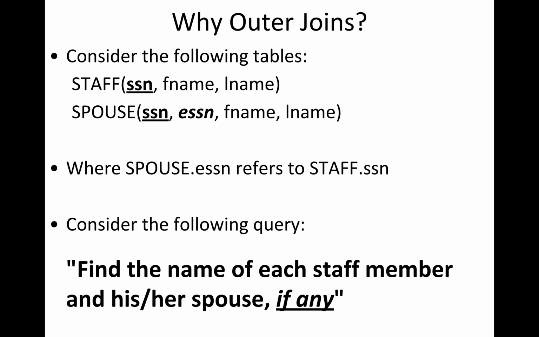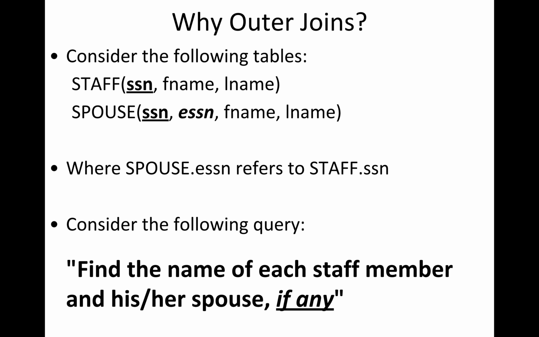If the question ended there, that's just plainly an inner join, right? Because I want every staff member, and by the way, I want their spouse. But if you add an additional qualifier that says, if any, that means that person might not be married. So there might be no record for the other spouse.